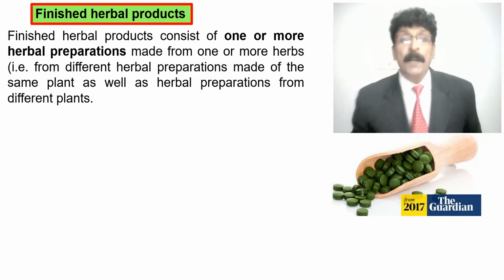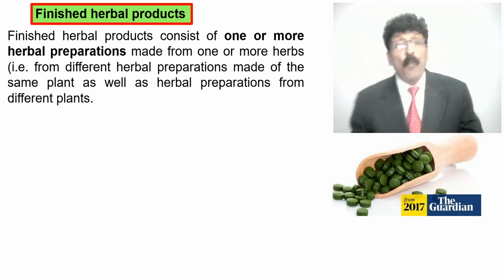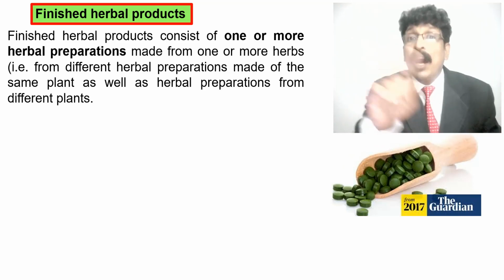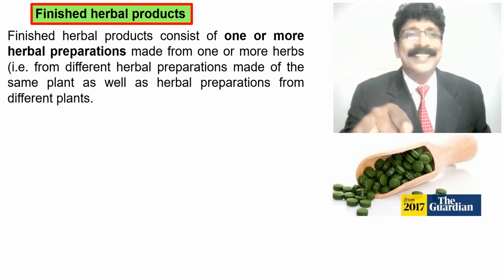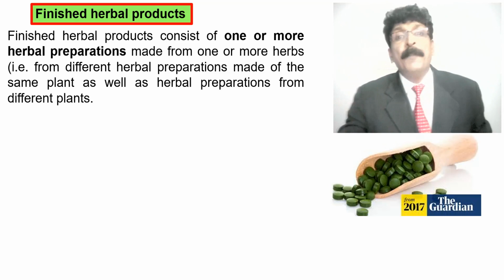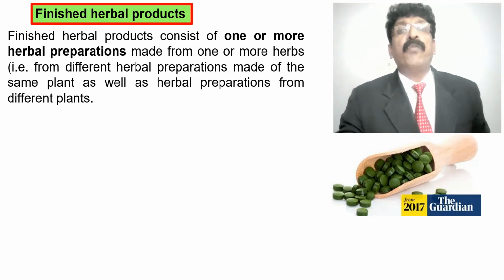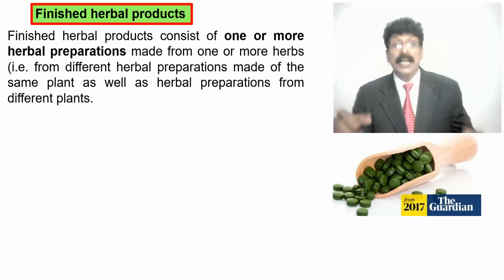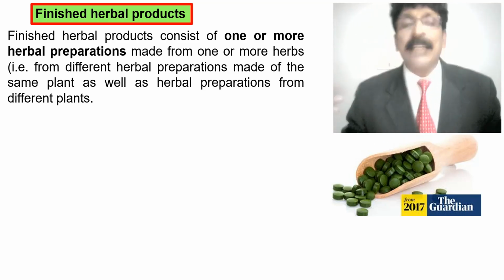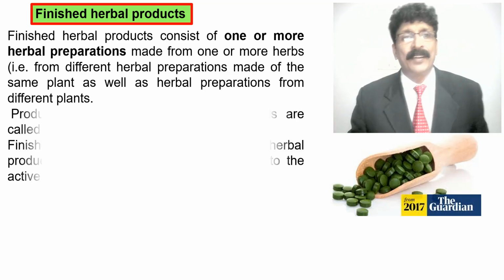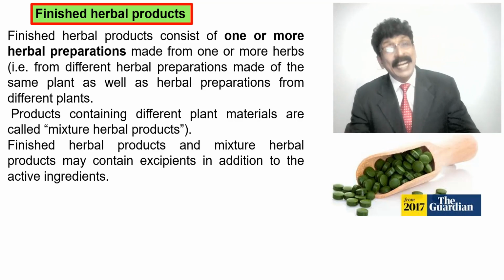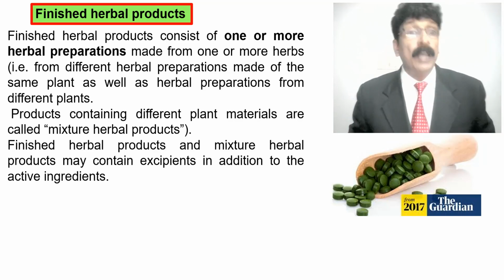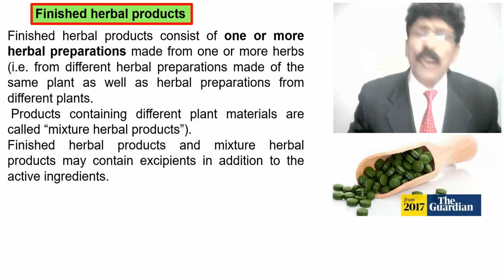Finished herbal products consist of one or more herbal preparations made from one or more herbs, that is, from different herbal preparation made of the same plant as well as herbal preparation from different plants. Products containing different plant materials are called mixture herbal products.